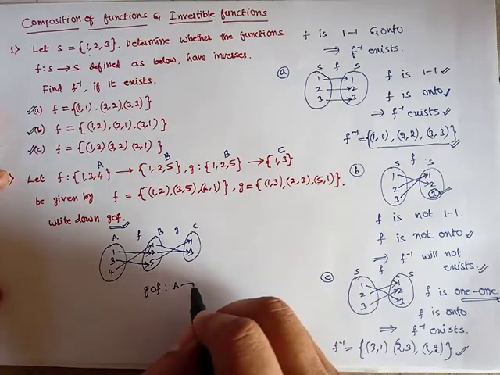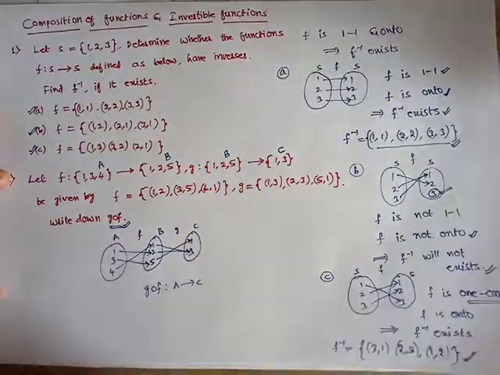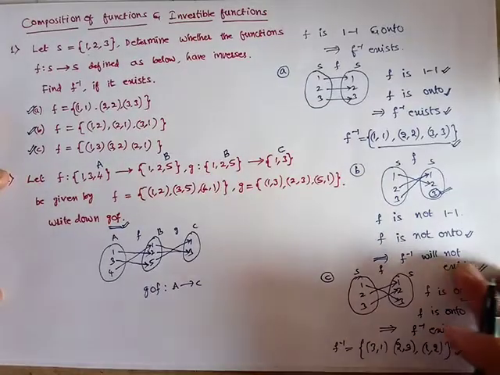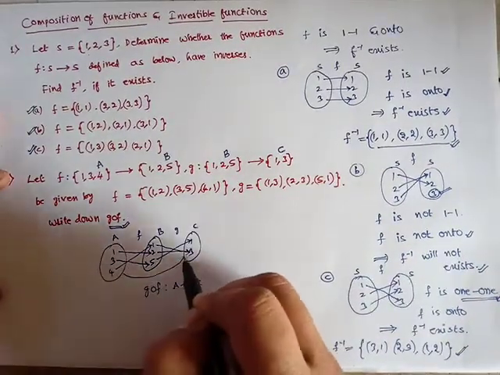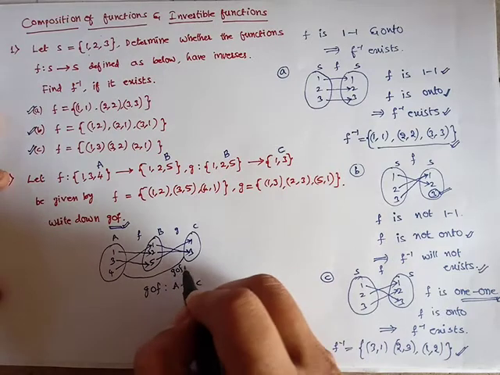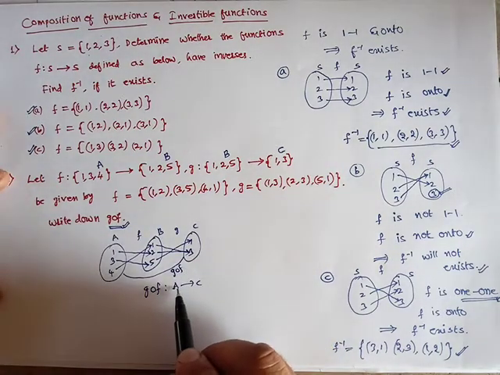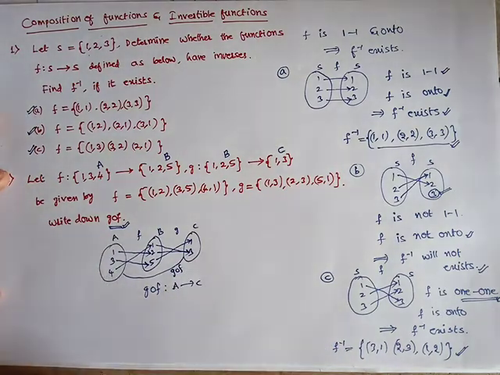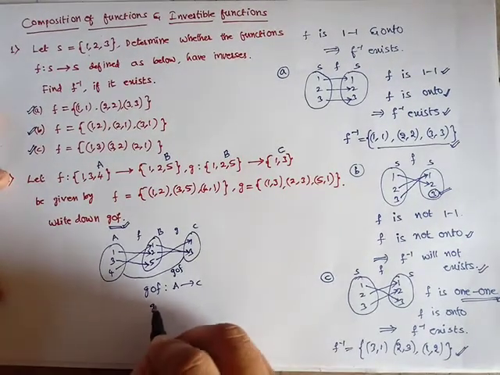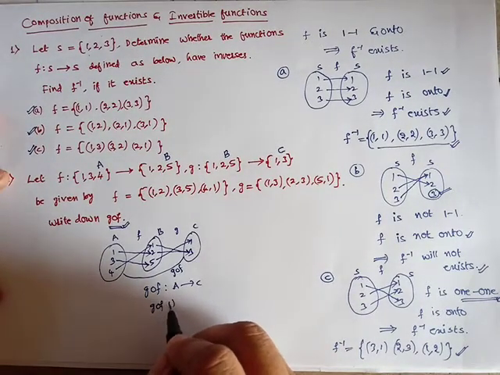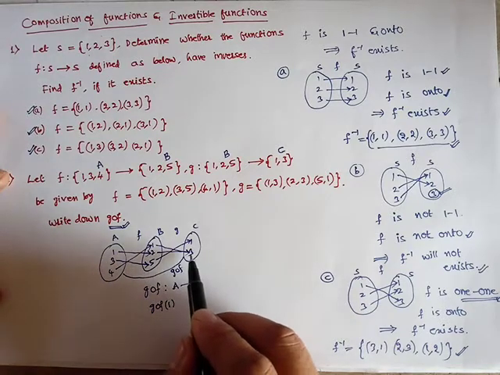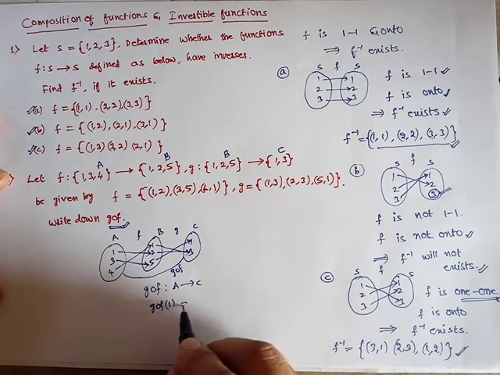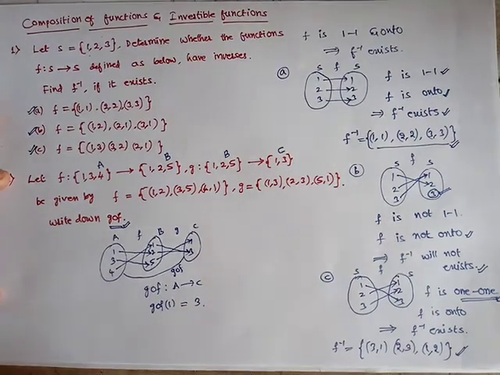Then g circle f is the function from A to C. Now A is the set containing 1, 3, 4 as the elements, so take up the elements. g circle f of 1: 1 is going to 2, 2 is going to 3, so g circle f of 1 is equal to 3.